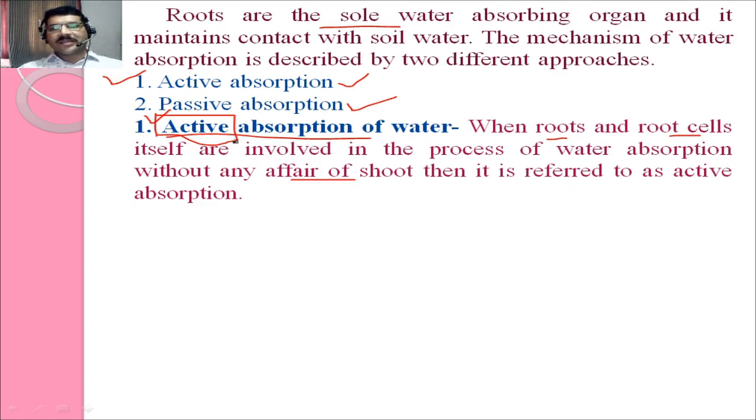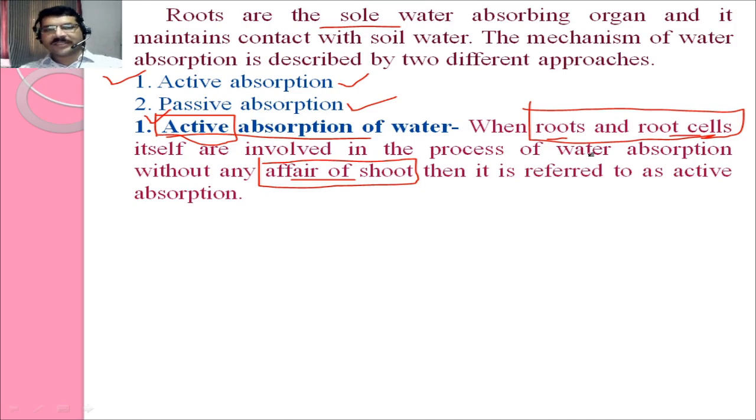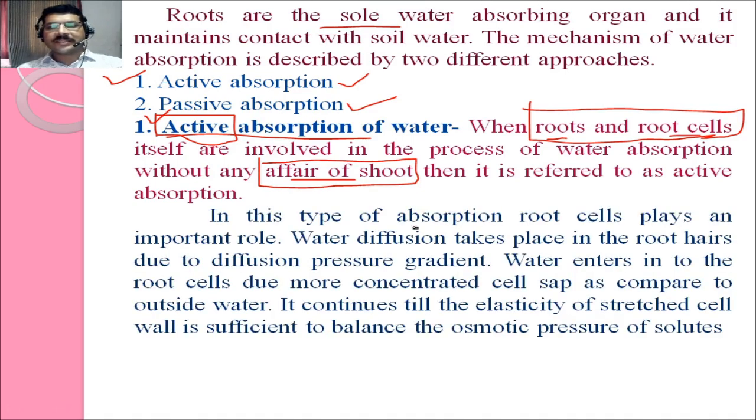In this type of water absorption, only roots and root cells are involved and play a very important role, and they do not have any help from the shoot. There is no interference of the shoot in this type of water absorption. It is totally controlled by roots and root cells, which play a very important and crucial role.